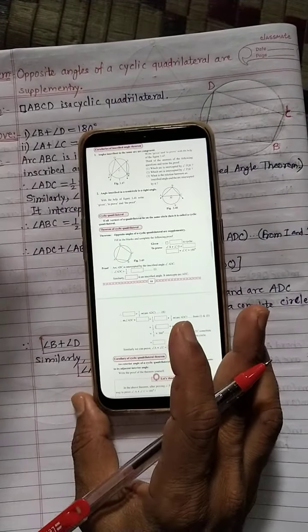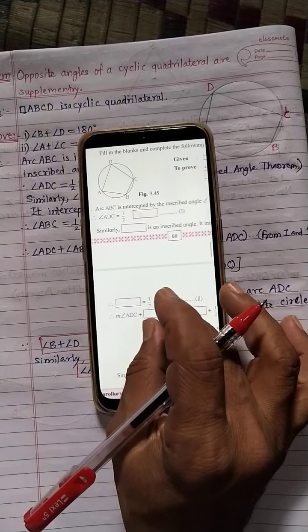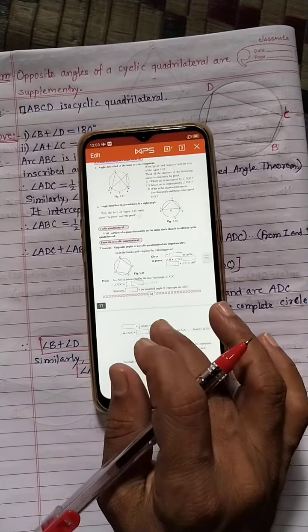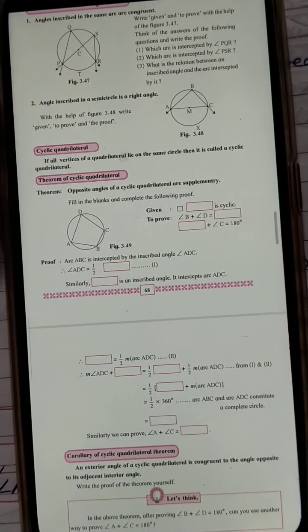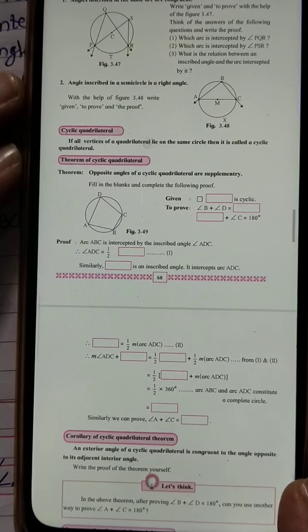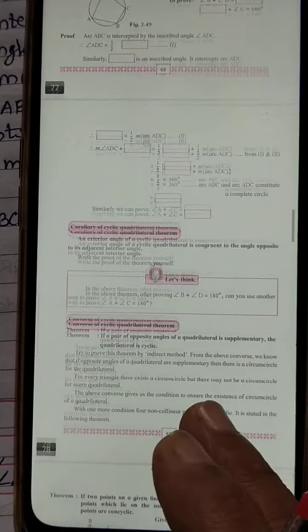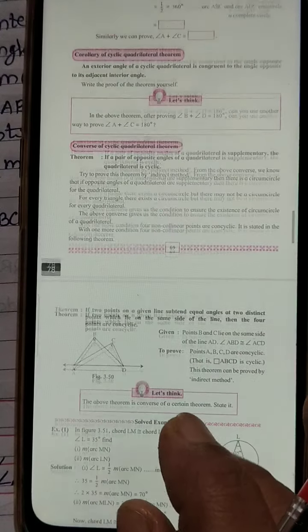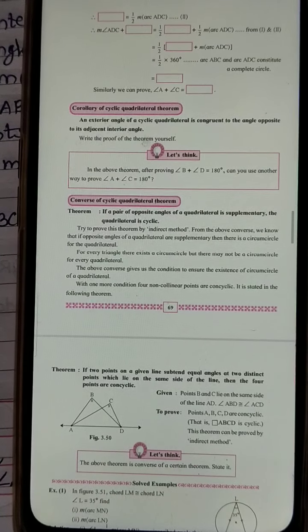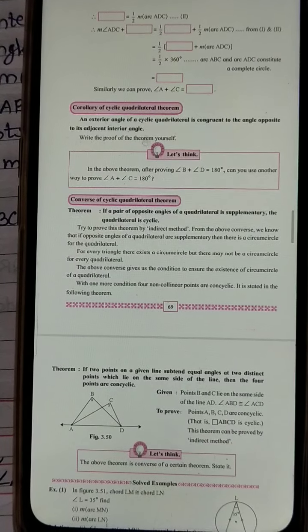Now here, corollary of the cyclic quadrilateral theorem.